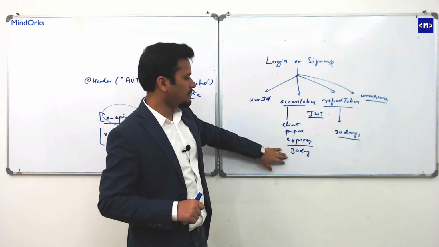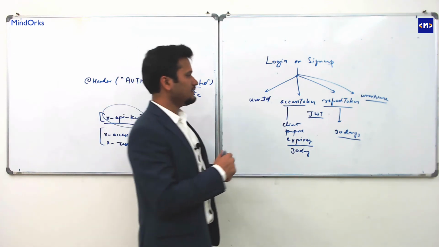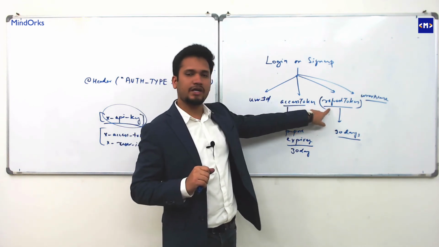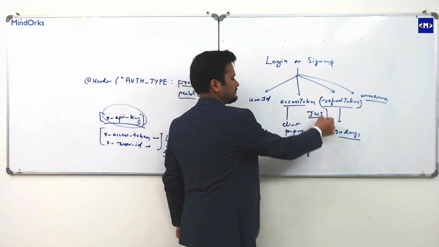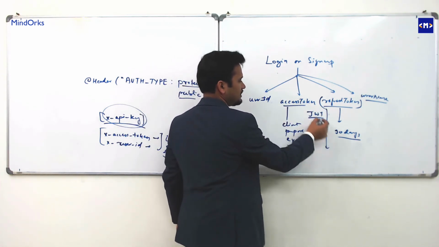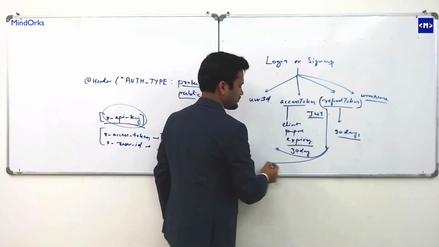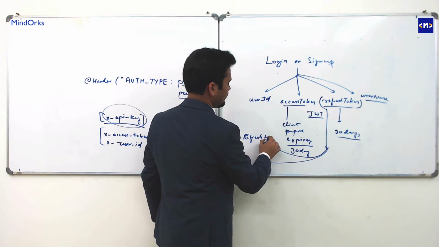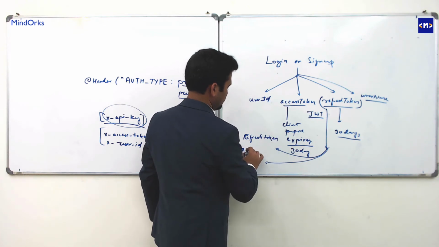When your token expires, you will silently use this refresh token. You will send this refresh token to an API to refresh it, and then you will receive a new refresh token and a new access token.